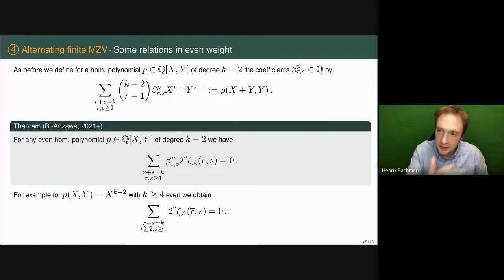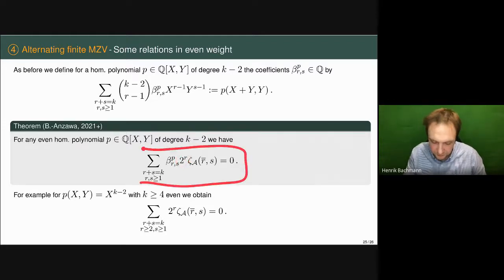In the classical case, if I take p to be a period polynomial, then the statement of Kaneko and Zagier was that a relation among double zeta values is satisfied. The statement here is that for any even polynomial we can create these coefficients, then take some power of 2 here, and we get this relation.